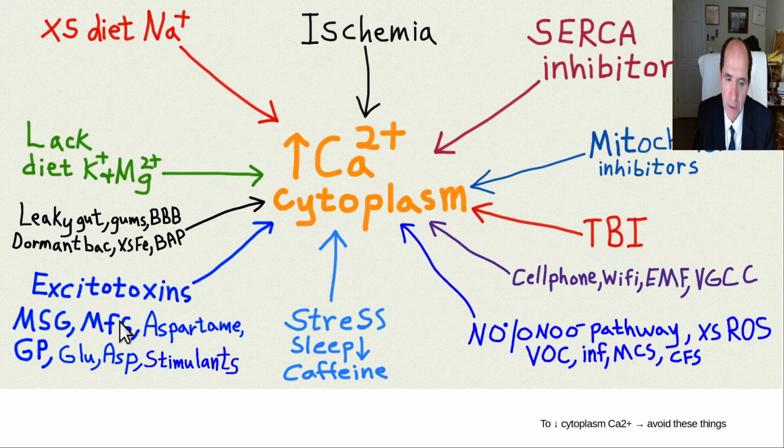Excitotoxins, things like MSG, aspartame, aspartate, some stimulants, and plain old glutamate. Okay, leaky gut will increase the risk of this as well. We're not going to get into all that right now, but there's a lot of things that activate it.